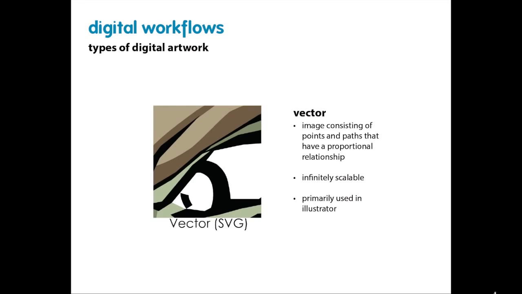When you draw a curve in a vector, the actual distance between the points isn't as important as the relative distance between the points and the curvature of the path. Because it's a proportional mathematical relationship, if you double the size, it just doubles the distance between everything. So it's infinitely scalable, very flexible, and it's primarily used in Illustrator, a little bit in InDesign.